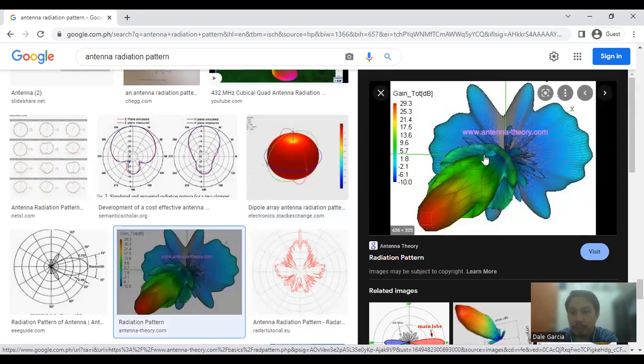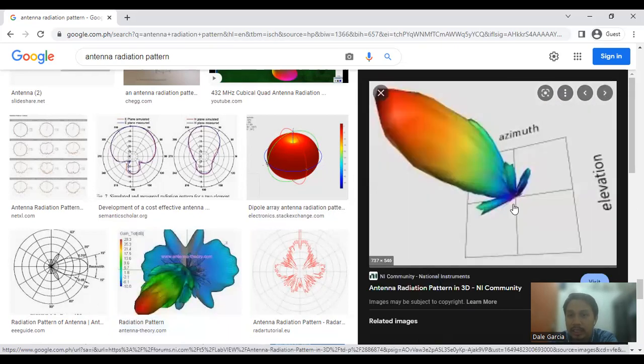If you put an antenna there, you will not detect the signal. So instead of all directions, it is directed towards only this direction.